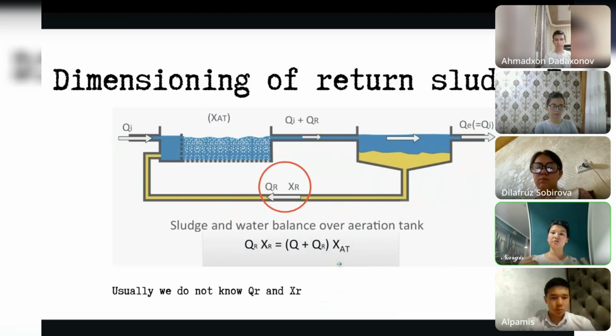And in a real-life scenario, our first and only task is to find this QR. But in order to know QR, we should be able to know XR, meaning the concentration of sludge inside of this yellow region. It will be definitely higher than the concentration of sludge in this region, right? But there is a lab procedure thanks to which we can find this XR.